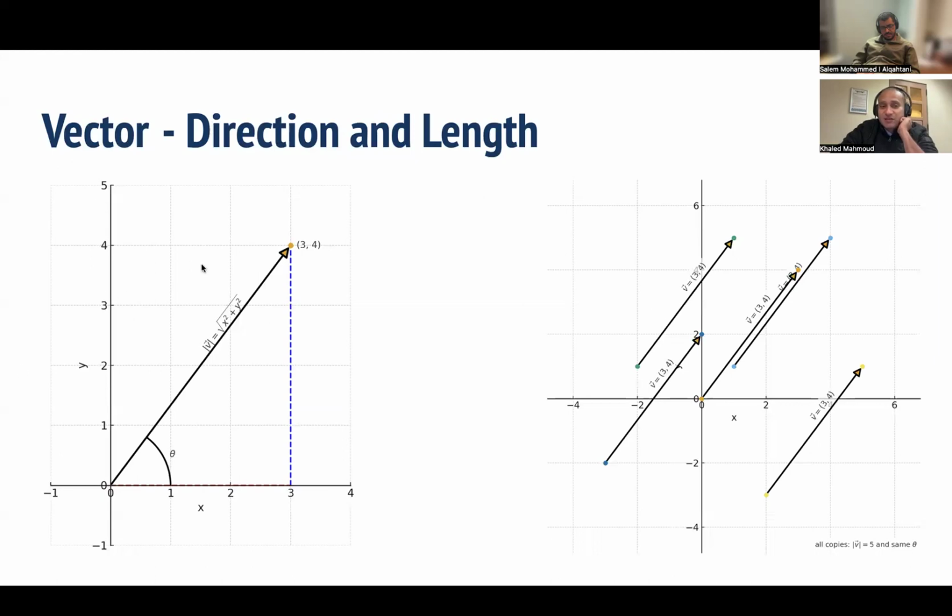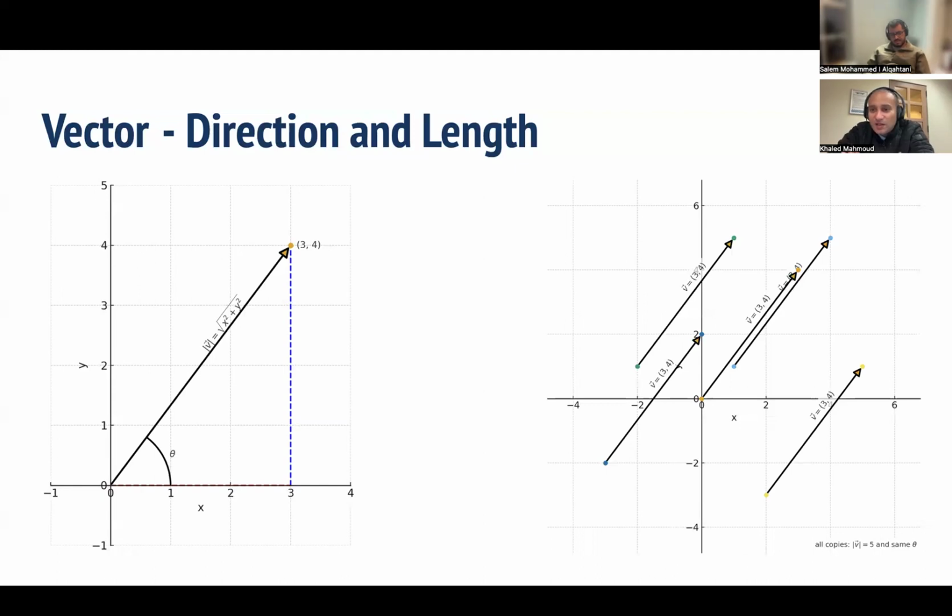But is this the only (3, 4) vector? No. If you look at the image to the right, can you tell me, Dr. Salim, are these all the same vectors? They are the same vectors. Well, maybe I asked the wrong question. Do these vectors have the same direction and the same length? Yes. Exactly, they do, because they have the same length, and the direction means the angle it makes with the x-axis.